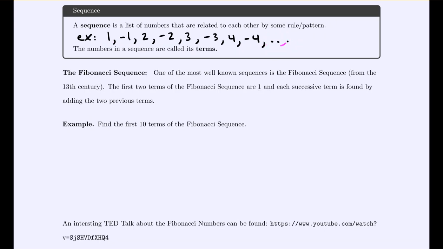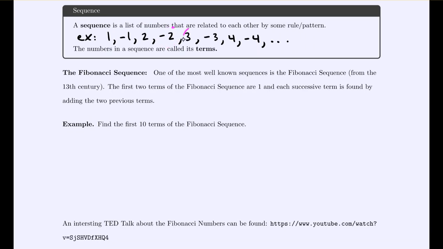As we investigate the terms of the sequence, we see it begins at 1, and then the next number is -1, so the negative version of that. The next term in the sequence is 2, so it looks like every other term increases by 1, and then you get the negative version of that number next, so we have -2 next.